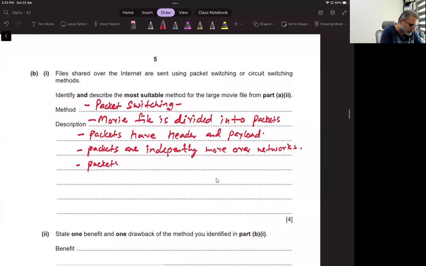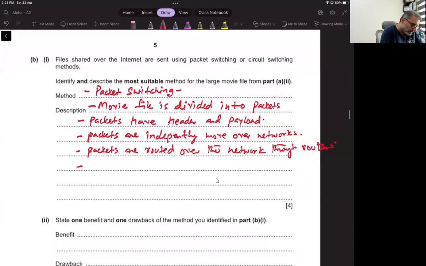Packets are routed over the network or internet through routers. Packets, when they reach the destination, are reassembled.